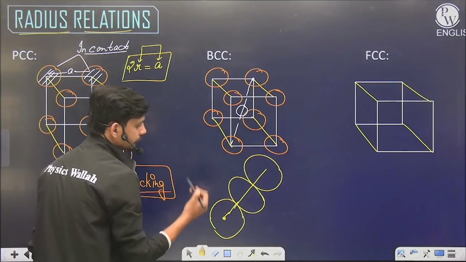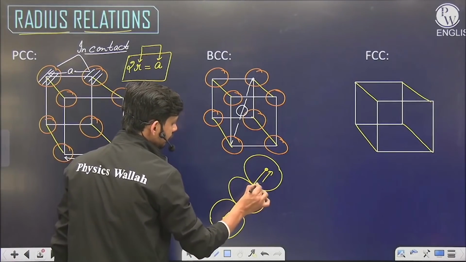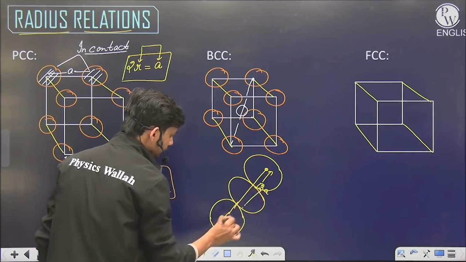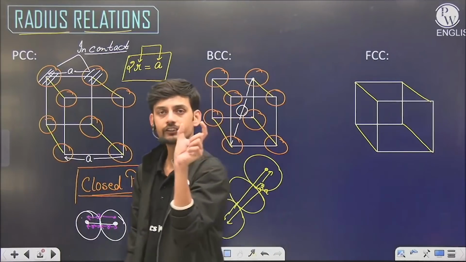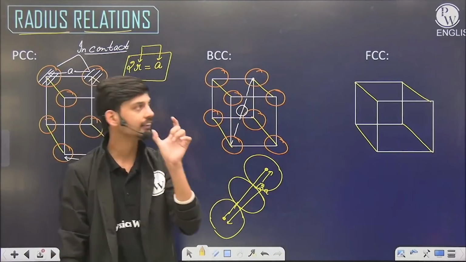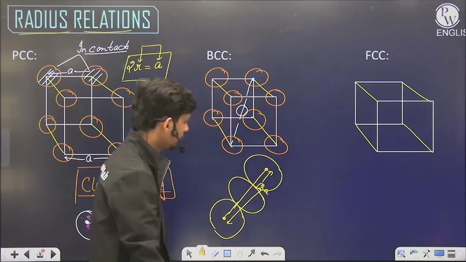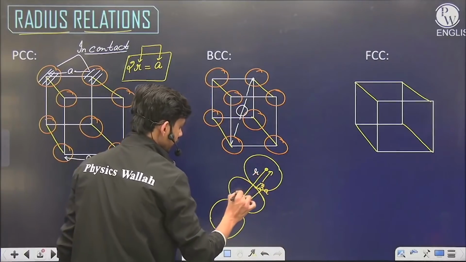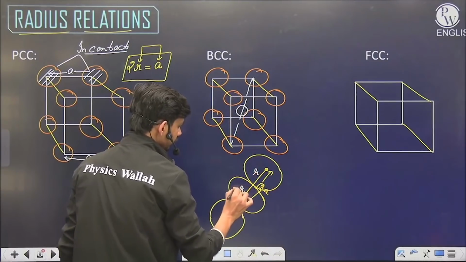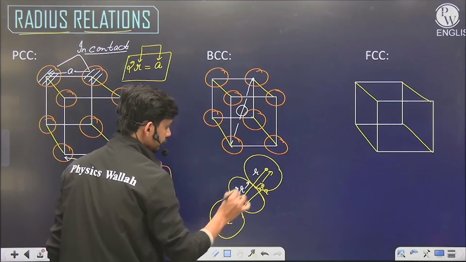another corner. So from corner to corner, the body diagonal of the cube is root 3 a. You can remember this, or you can find it by Pythagoras theorem: for a cube, if the edge length is a, the face diagonal will be root 2 a and the body diagonal will be root 3 a. And we can mark this distance as r. This will be 2r, the diameter, and this will again be the radius.